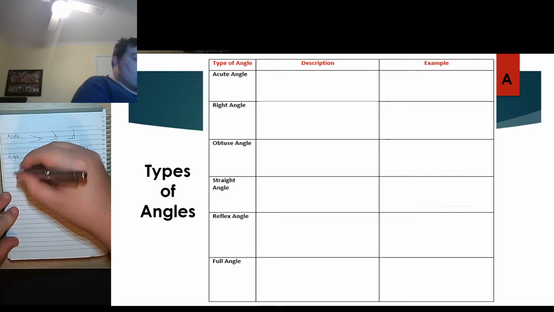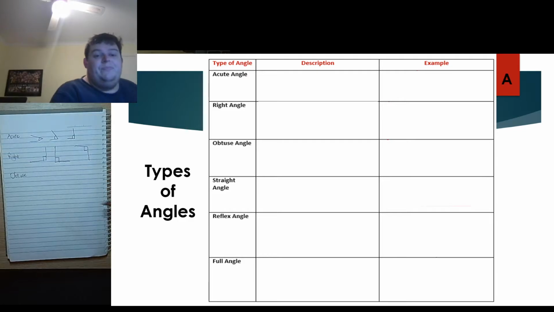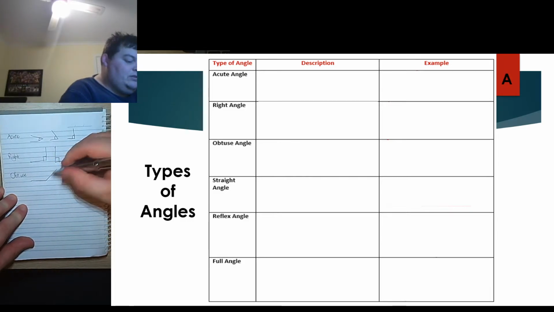Obtuse. I just forgot how to spell obtuse. That's anything from 90 degrees to 180 degrees without including those two values. So that could be an angle like this.